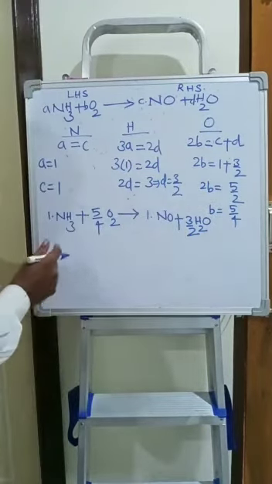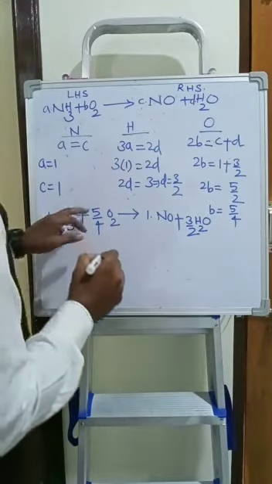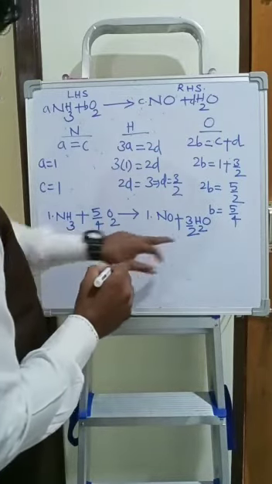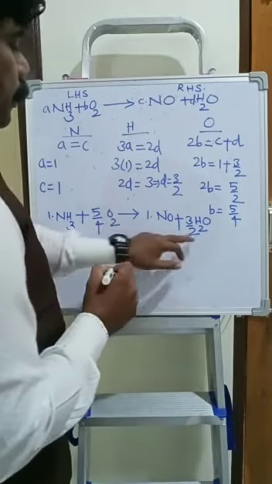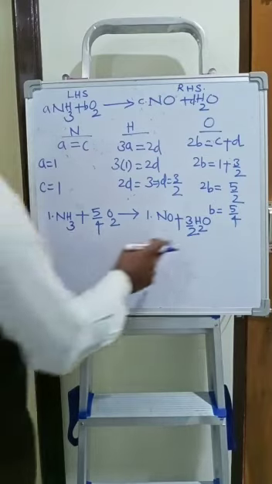Now in this fraction, the denominators are 4 and 2, and their LCM is 4.